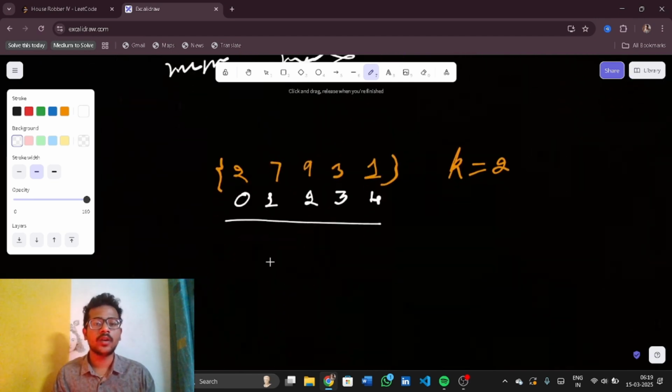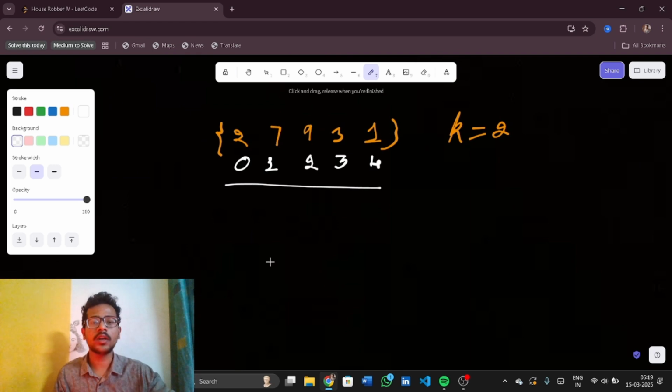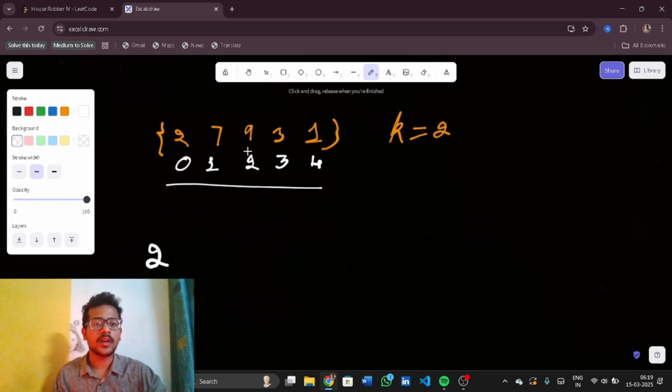First, what is the minimum number of houses I can rob? That is 2. Let me start by taking all the combinations. First I'll take 2, and then I cannot take 7, so I'll take 9.